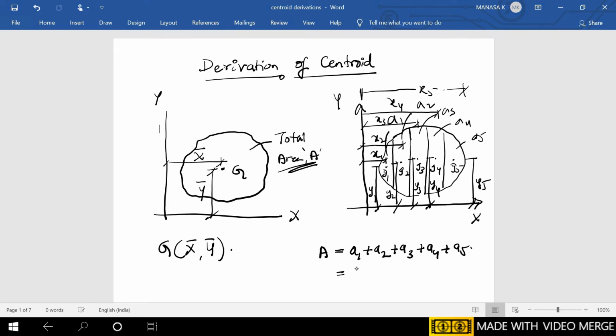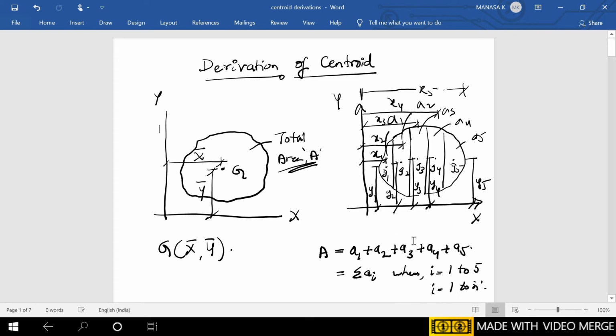I can write or reduce the equation as sigma Ai, where i is equal to 1 to 5 now, or in general I can write it as i is equal to 1 to n, correct? So this is how I can obtain the total area here.